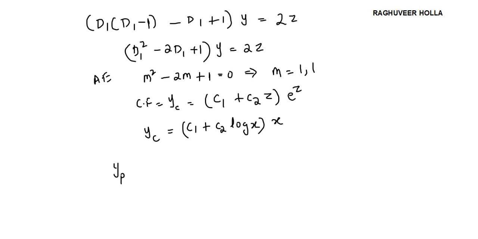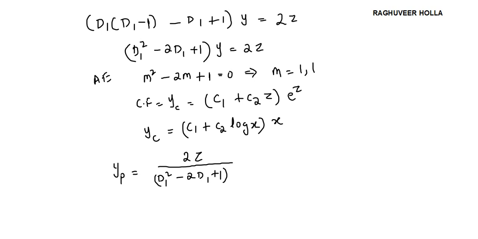So that is 2z divided by d1 square minus 2d1 plus 1. Now further simplification of this.